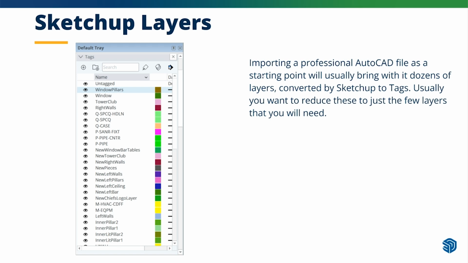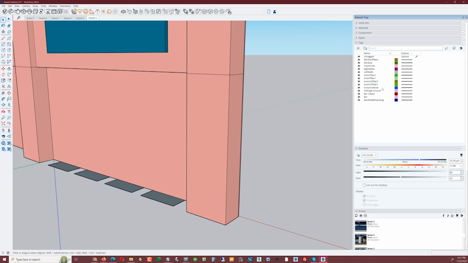The next one is layers. We started by loading this CAD file up, and as you can see, you get an awful lot of tags, and these convert from the layers in a professional CAD scene. So you might find what you need to do is come in and select things and then move them to another tag, and then delete and pare down the number of tags you have.